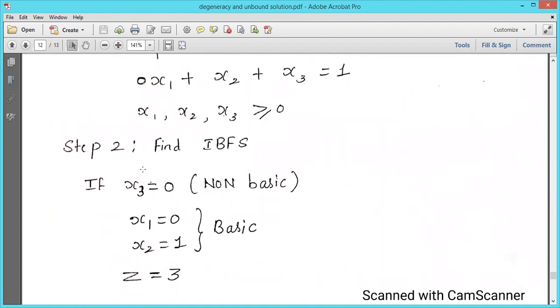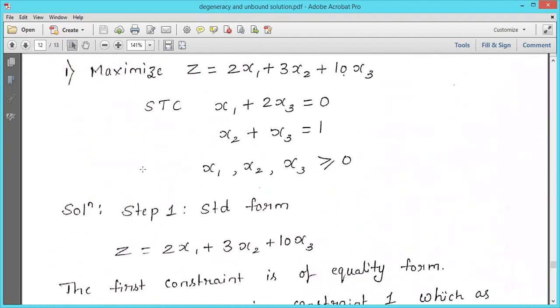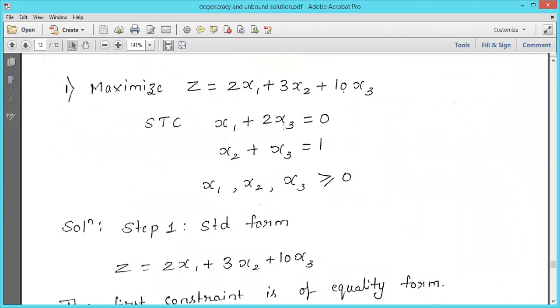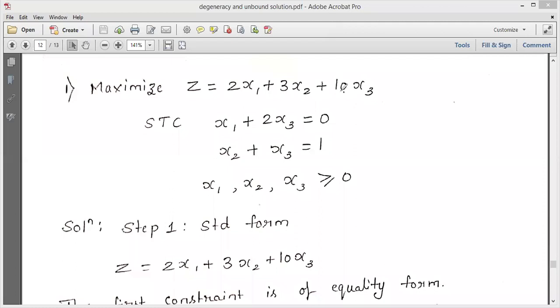If I set that value as 0, we will obtain the values for X1 and X2. If I set X3 as 0, X1 will be 0 and X2 will be 1. After substituting the x1, x2 and x3 values in the objective function, we will have a value z equal to 3.